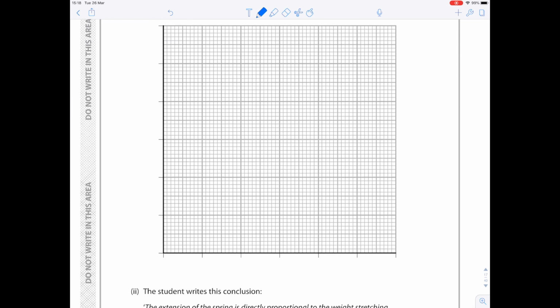Make sure you label these axes properly, including their units. So weight is obviously in newtons, extension is in millimeters, and now pick your scales. So it's going to go up on the weight x-axis in 0.2, and then we go up in 4s along the y-axis.